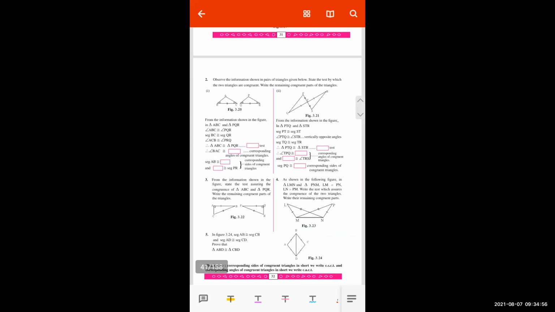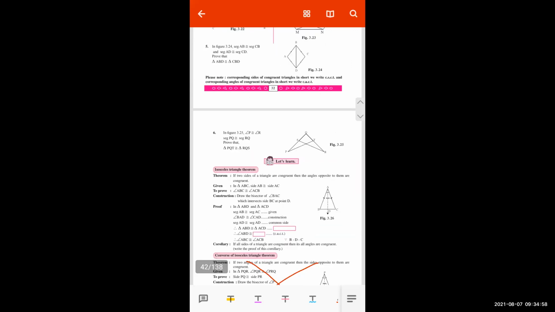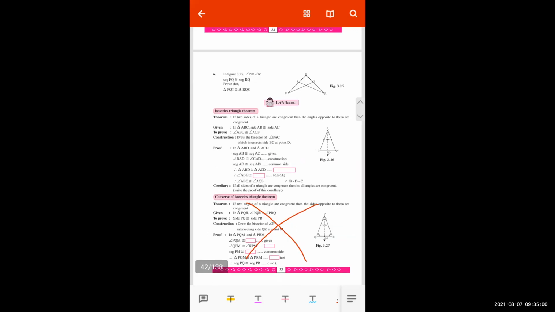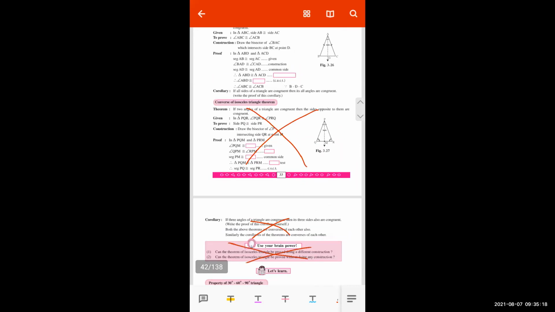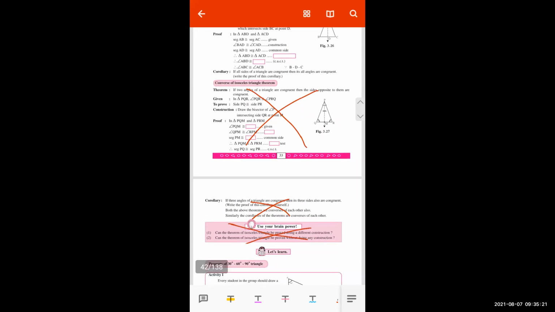Page number 33, see the theorem, converse of the isosceles triangle theorem. We didn't learn it. In yesterday's class, I only taught up to the isosceles triangle theorem. And from today, the next theorem is the 30-60-90 theorem.